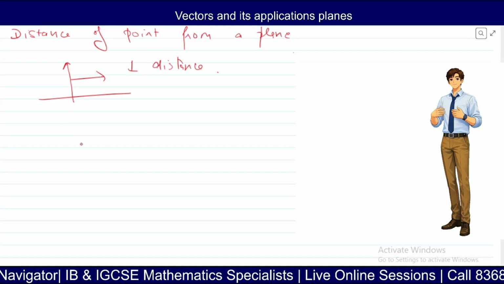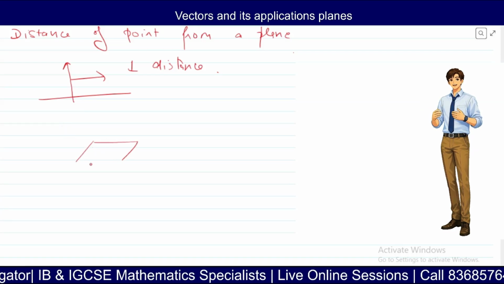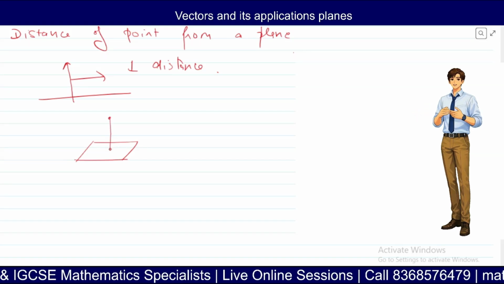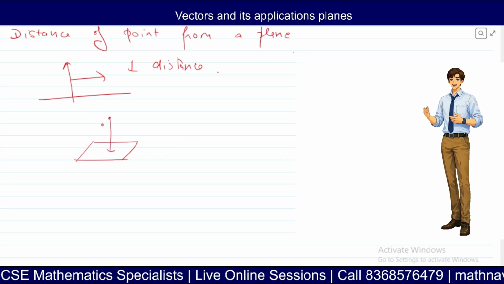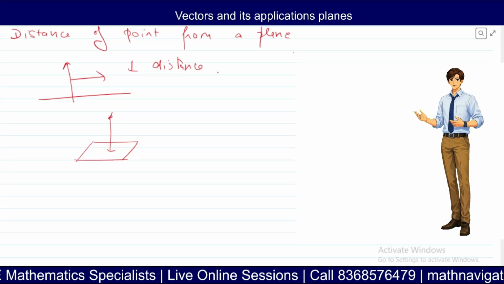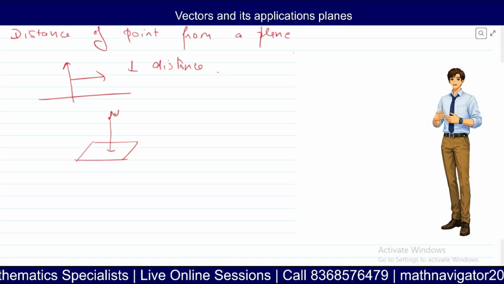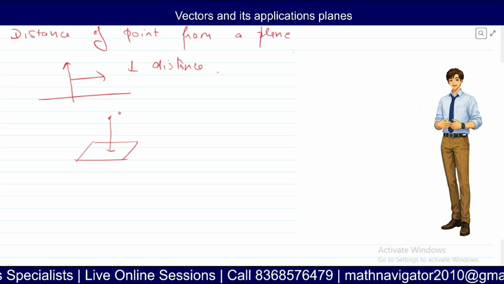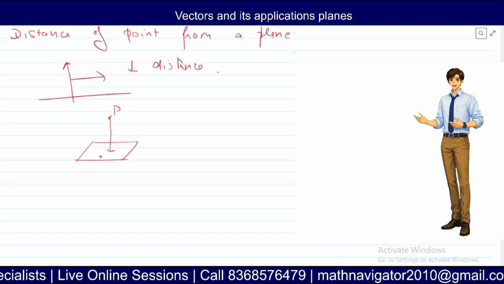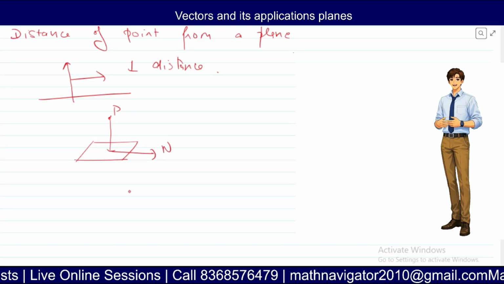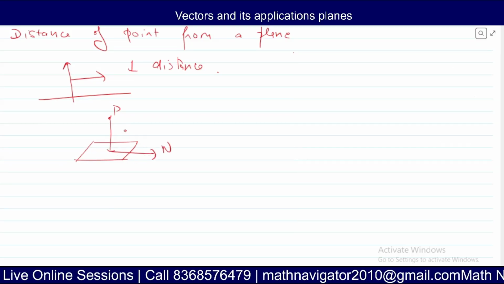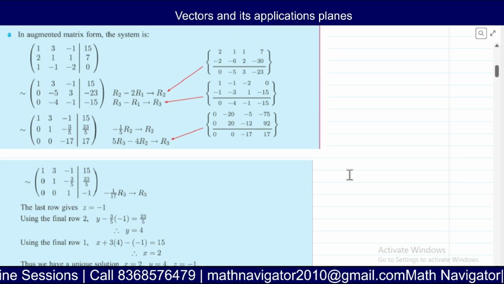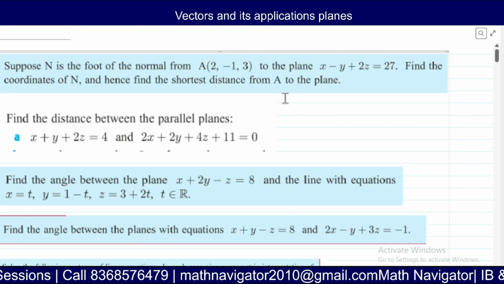Same way, if this is the plane and this is a point P, I want to find the minimum distance of this point, and this is the foot of the perpendicular. So how will we find this distance, which will be the shortest distance? Let's take one question, then we'll be able to understand.